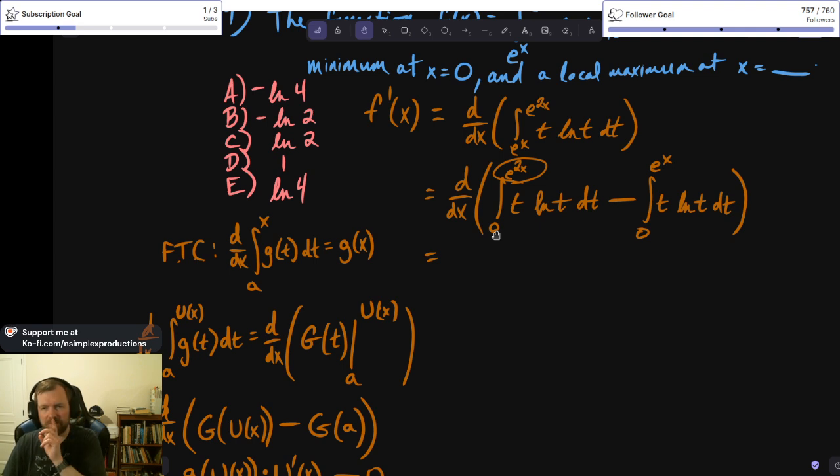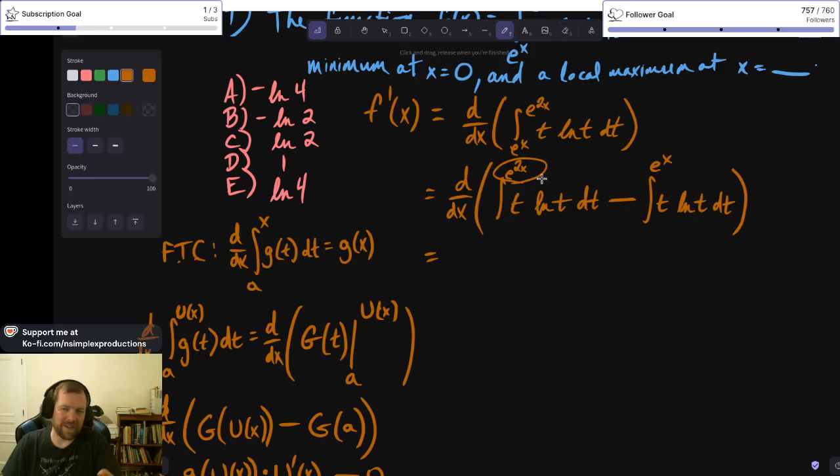I lied. Technically, we can't do it to 0 because natural log of t will be upset with us. So, fine, we'll do it from 1 to those function values. It's a technicality, but it still needs to be discussed, right?